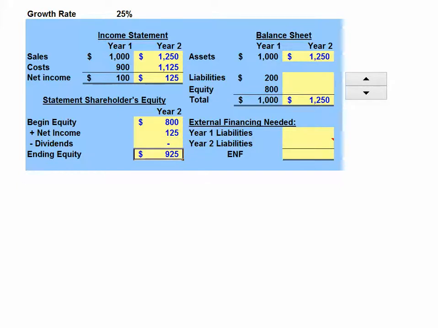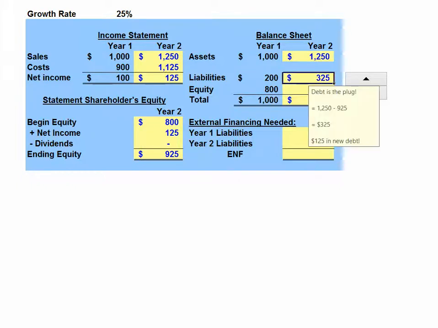We pick this up on our balance sheet for ending year two equity, $925, which means that our plug for debt is the difference between the $1,250 in total liabilities and equity and our $925 in equity. So our ending liabilities will be $325, or we will have taken on $125 in new debt.